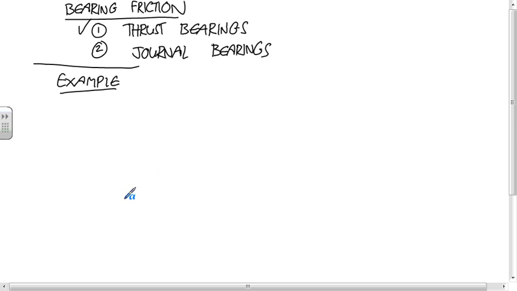So let's say that we have a solid shaft that's rotating at a constant angular velocity this way.